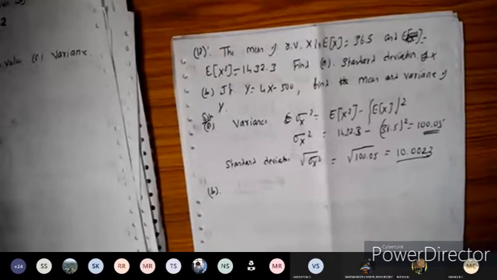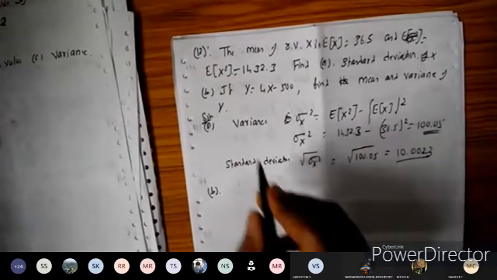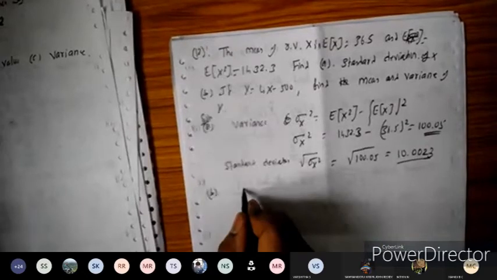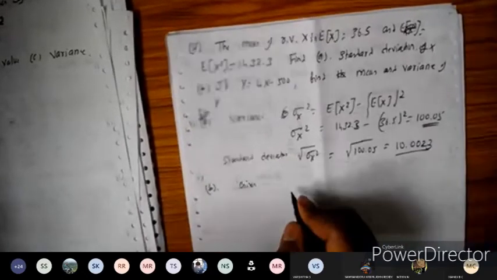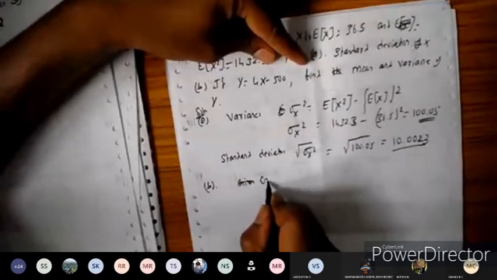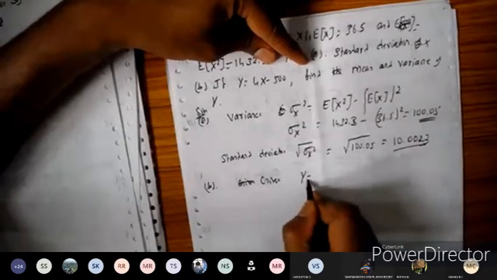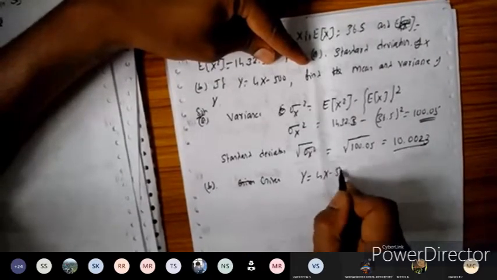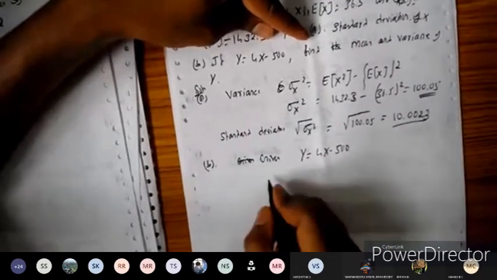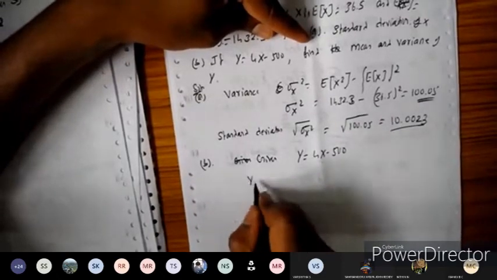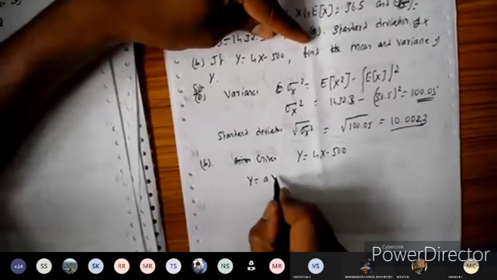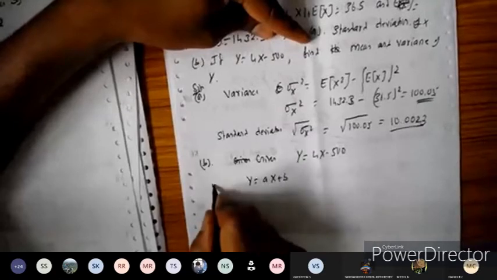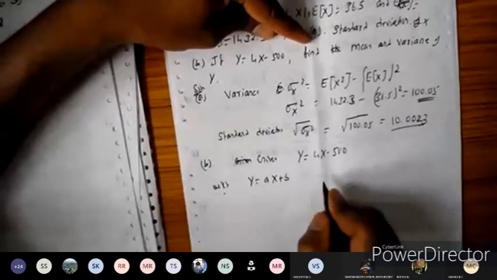Now it has been given that y is equal to 4x minus 500. From the transformation of variables, we know y is equal to ax plus b.